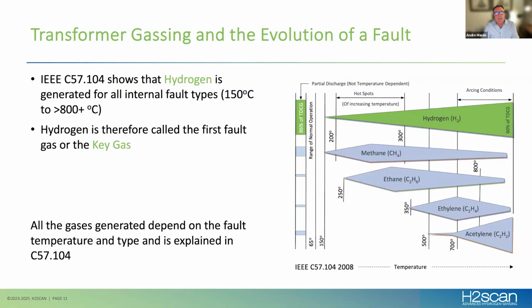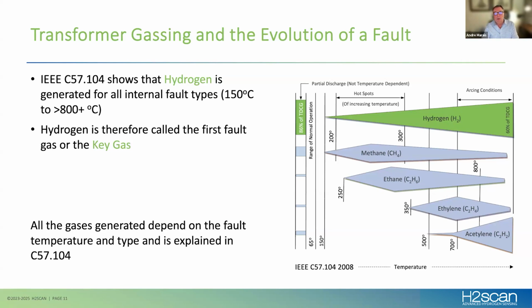If we look at IEEE C57.104, this is a standard that shows how and why and when different gases are generated due to the breakdown of the insulating liquids. If you look to the graph on the left, you'll see the temperature increases from left to right. As the temperature increases, you'll see different quantities of the different gases that are generated.